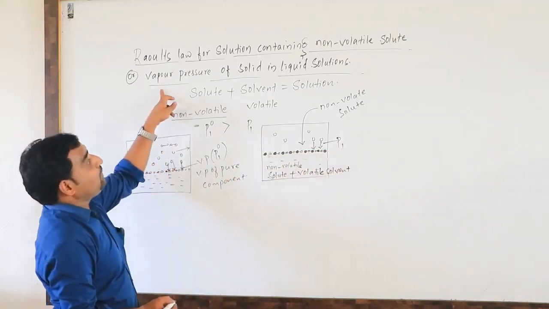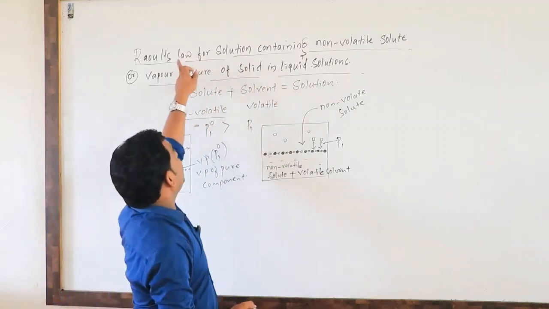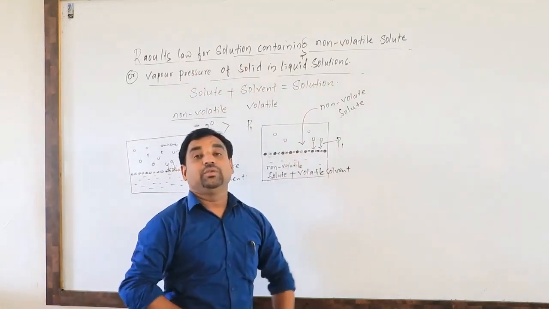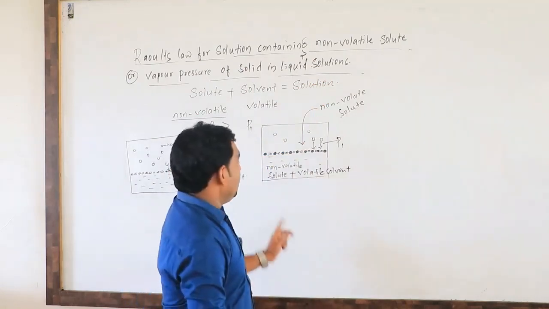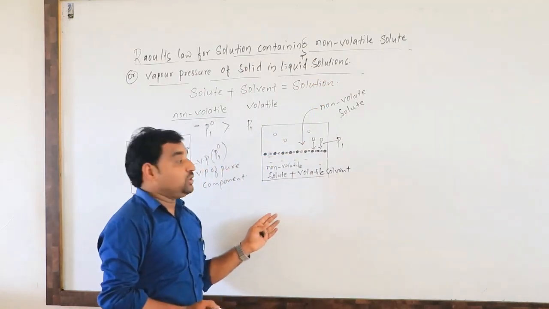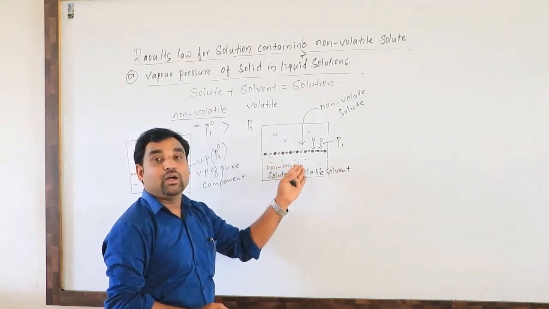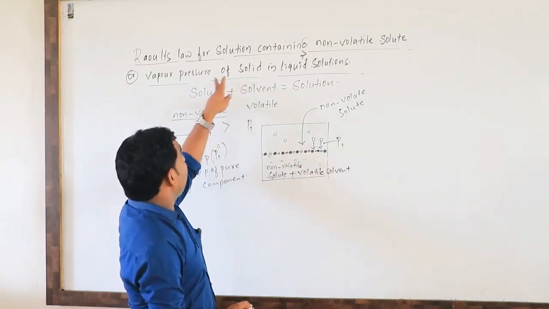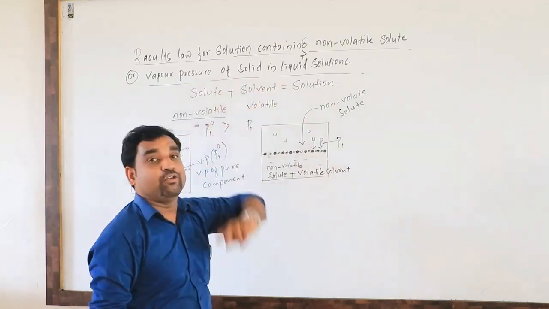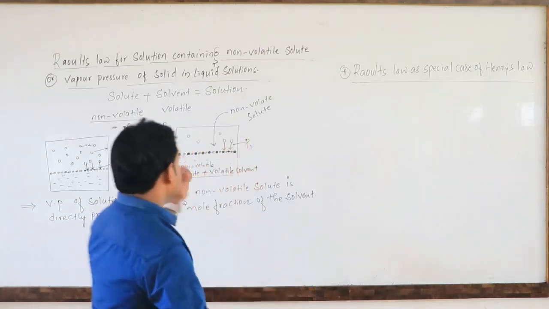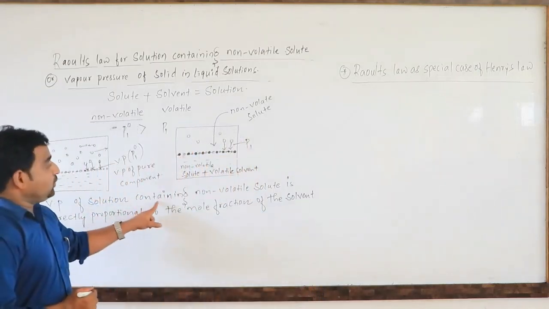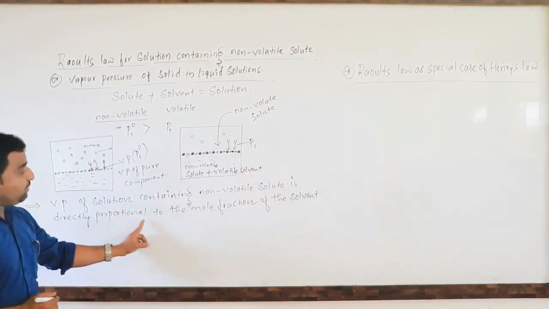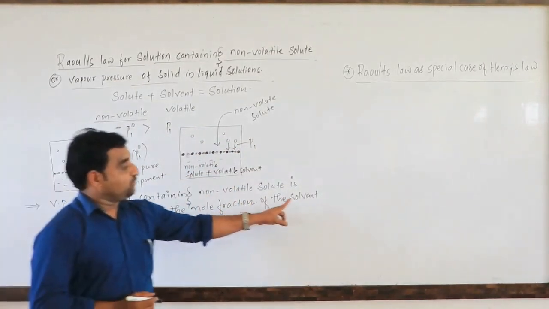This is the vapor pressure of a solid in liquid, or Raoult's law for a solution containing a non-volatile solute. The vapor pressure of the solution containing a non-volatile solute is directly proportional to the mole fraction of the solvent.